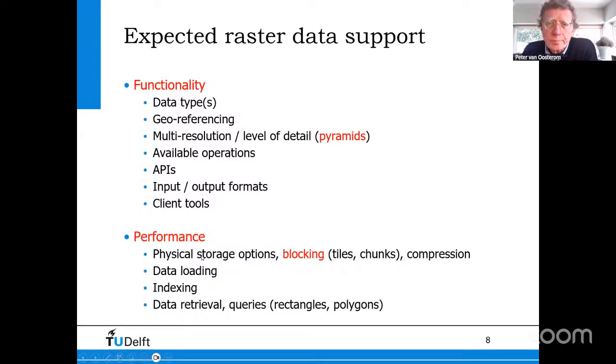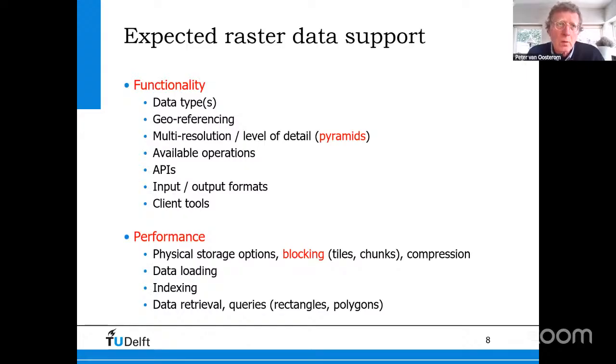Performance-wise, it's all about the term called blocking or tiling or chunking to manage the image data and to have fast access and to have overview.